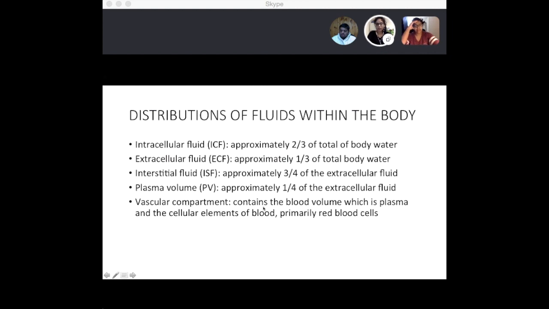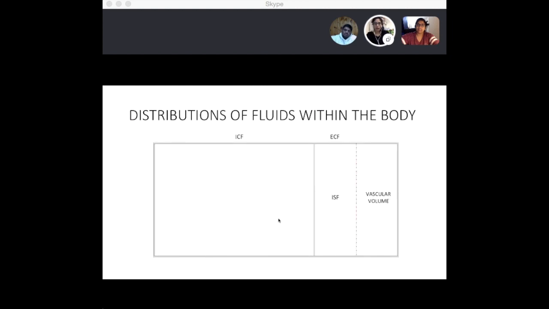And then there's also a vascular compartment, or essentially plasma volume, which contains blood volume, which is plasma and cellular elements of blood, so red blood cells. So this slide here is a continuation of what we normally see in physiology in terms of distribution of fluids.